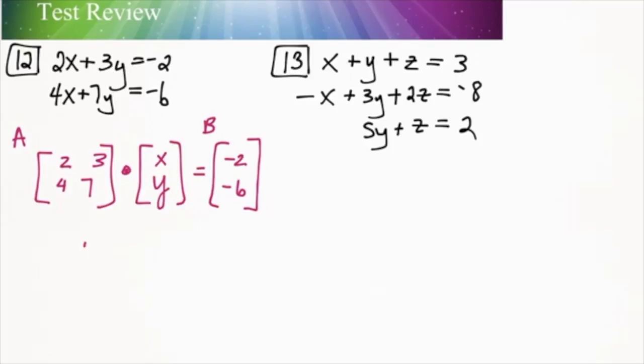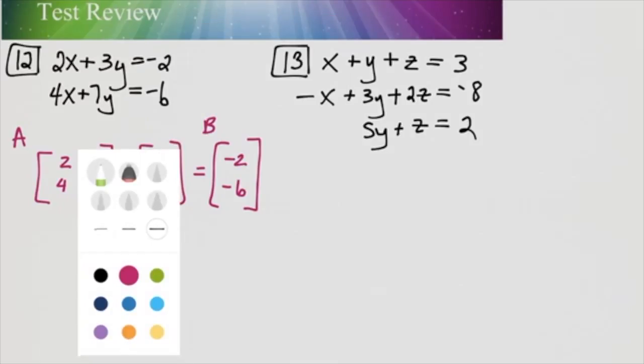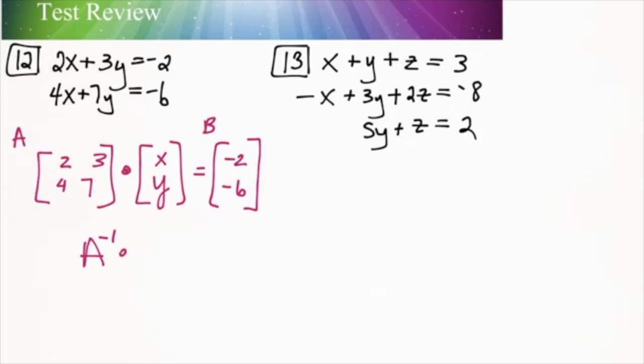So I set up my matrix A and matrix B. Now the only way that it'll work in the calculator is to multiply the inverse of A, so it's A inverse times B, okay? So in this case, I'm going to put it in the calculator, and the answer is 2 comma negative 2.